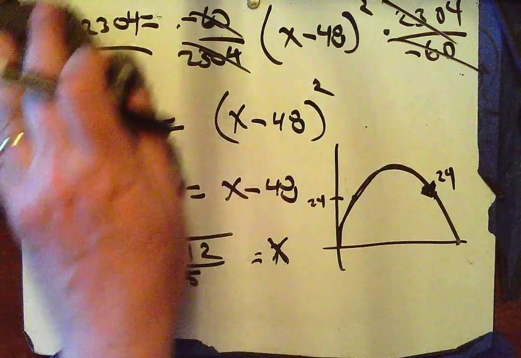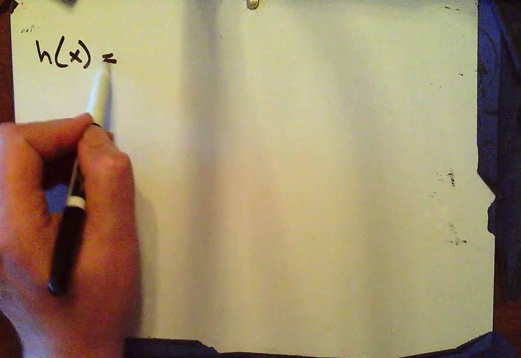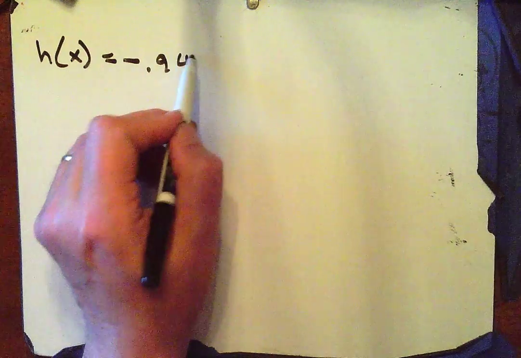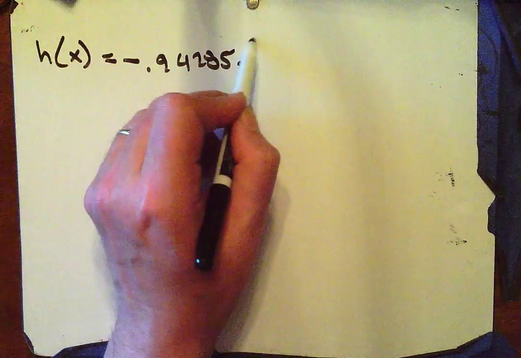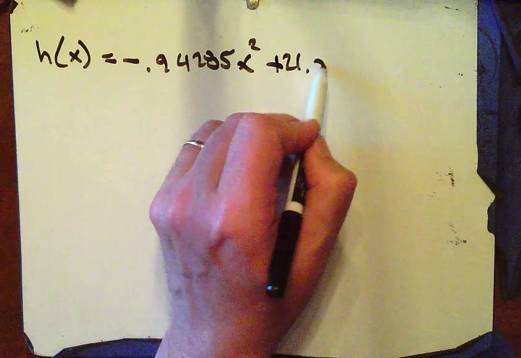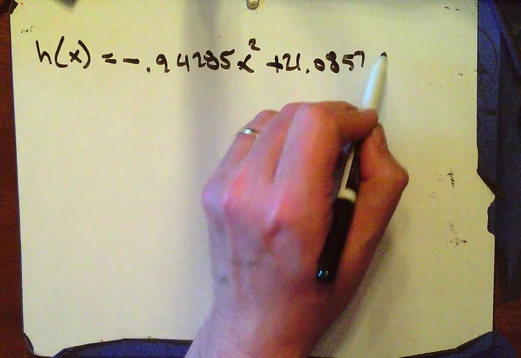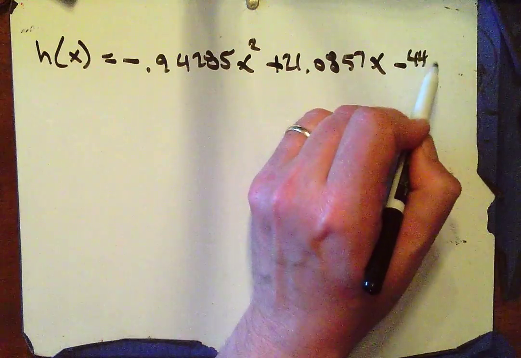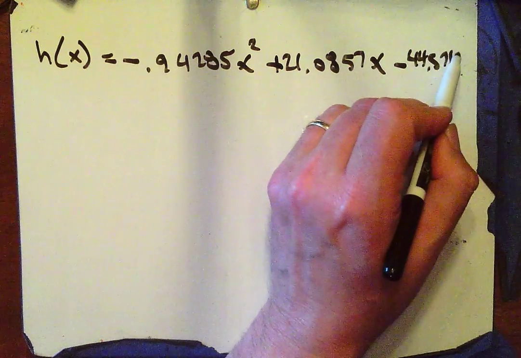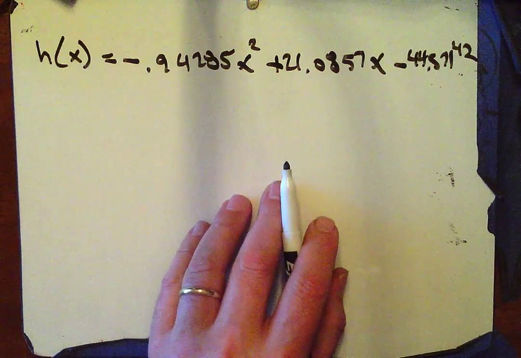Okay? Second question. A badminton shuttlecock flies from my racket according to the curve h of x equals negative 0.94285x squared plus 21.0857x minus 44.57142. All right.